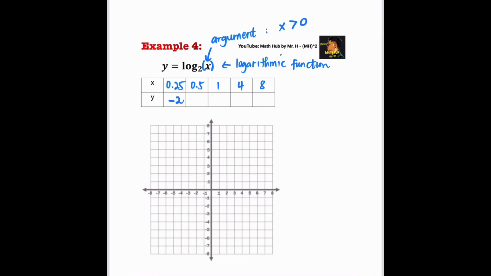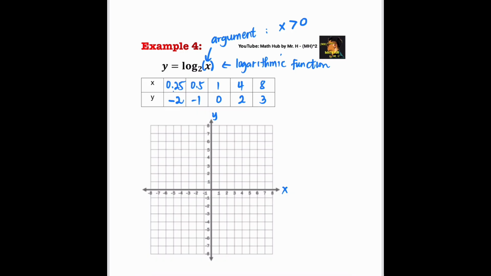If x is 0.5, log base 2 of 0.5 is -1. And then if x is 1, it will be 0. If x is 4, then y will be 2. If x is 8, y will be 3.